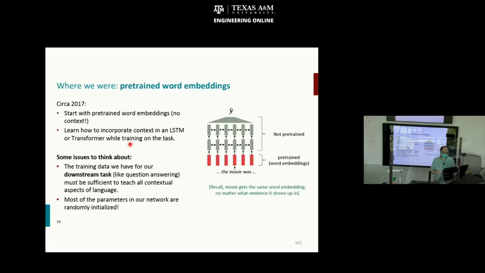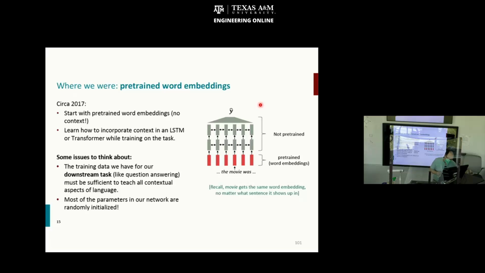If you think about what the architecture is like, we have these word embeddings that are pre-trained. They're in red, meaning that they're pre-trained, and these can be fed into the intermediate layers. Here I use bidirectional recurrent neural networks, but it can be anything. And in the end, I predict the y hat, which could be for a task like sentiment prediction or completion of a sentence and so on.